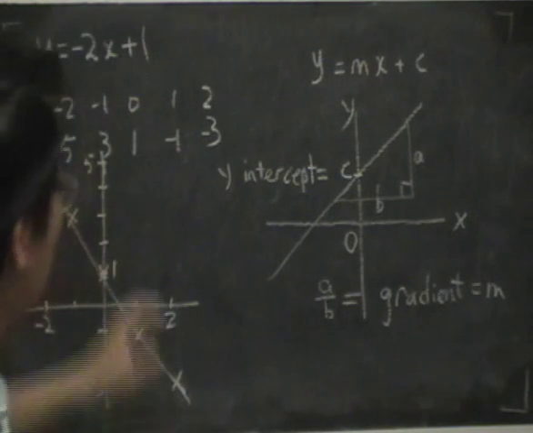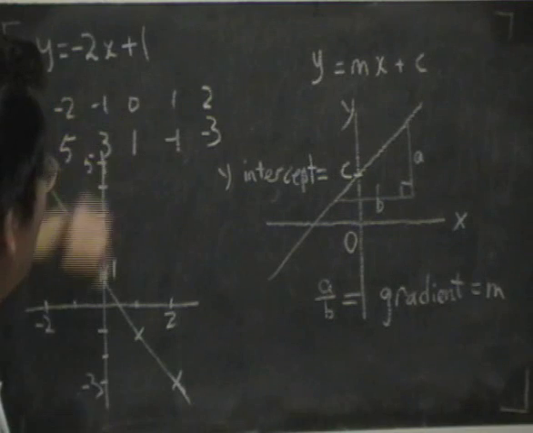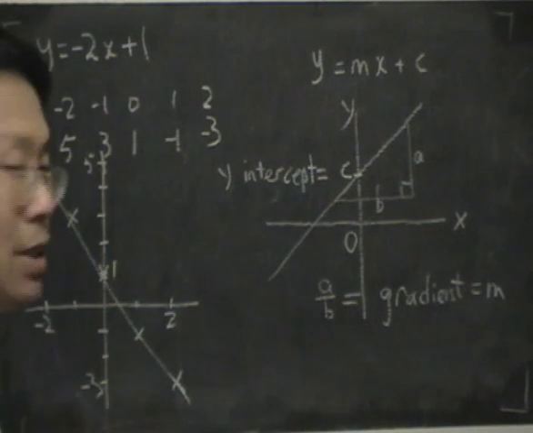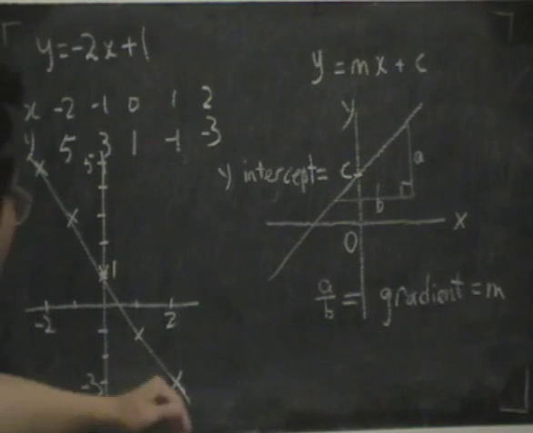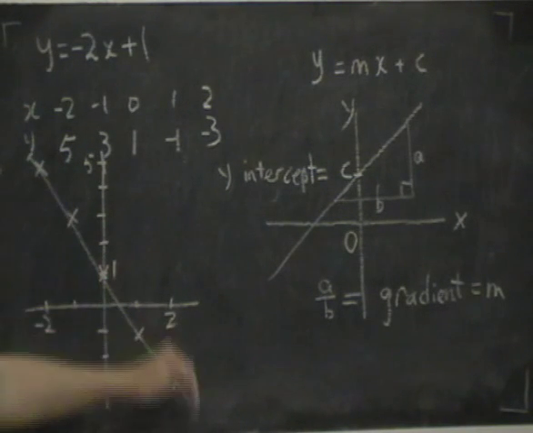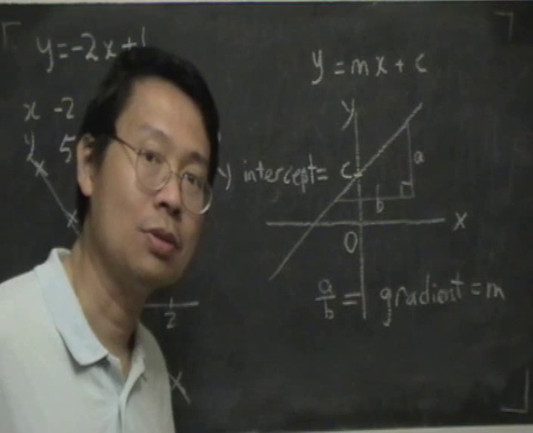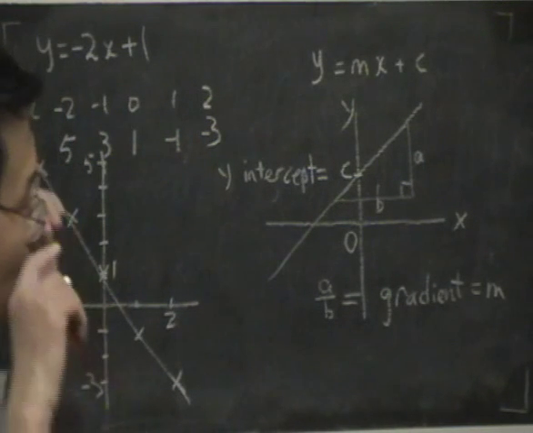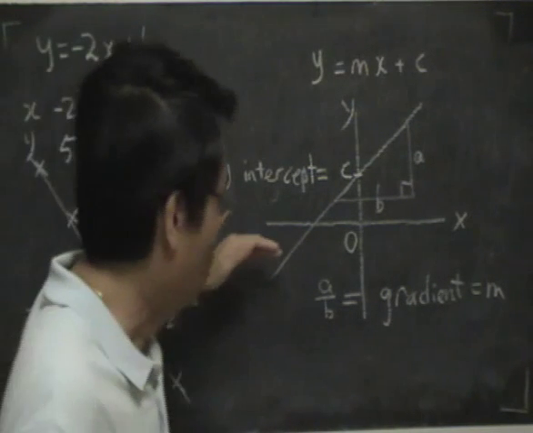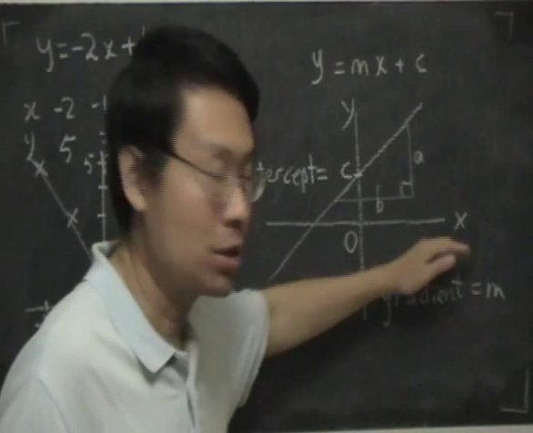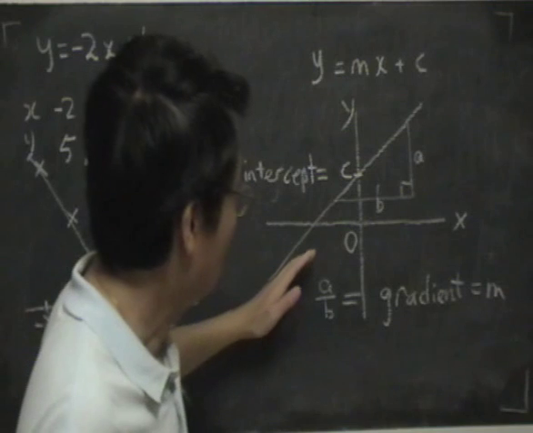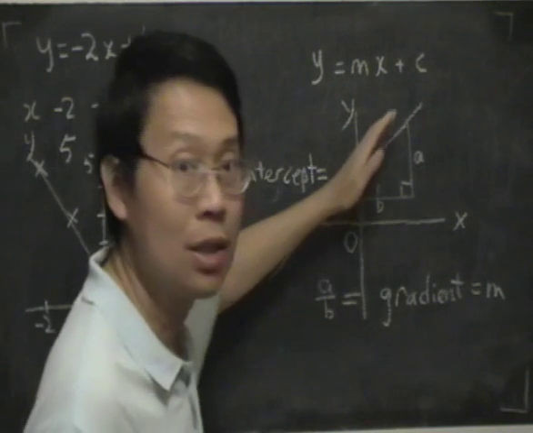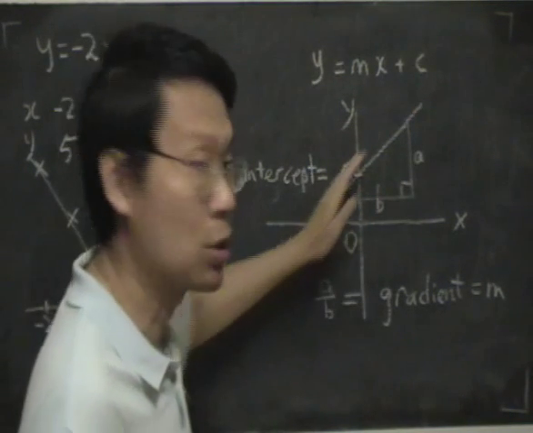When you have a negative number in front of the x, you end up with a line that slopes in the opposite direction. Okay, so if you imagine that when x increases, this line shows that the y is going up, so this is like an upward slope.